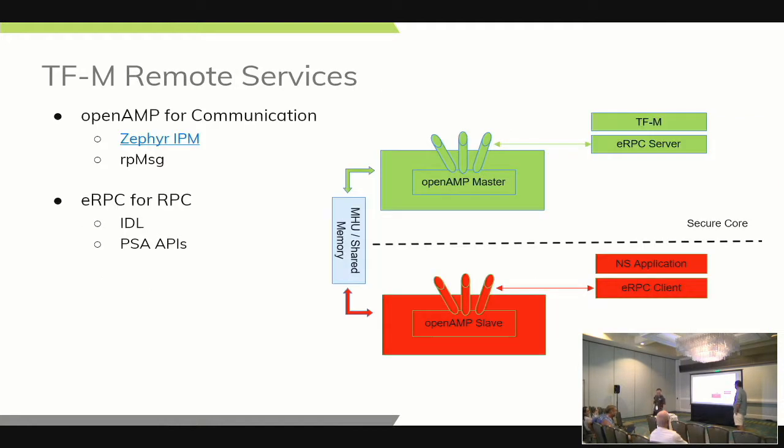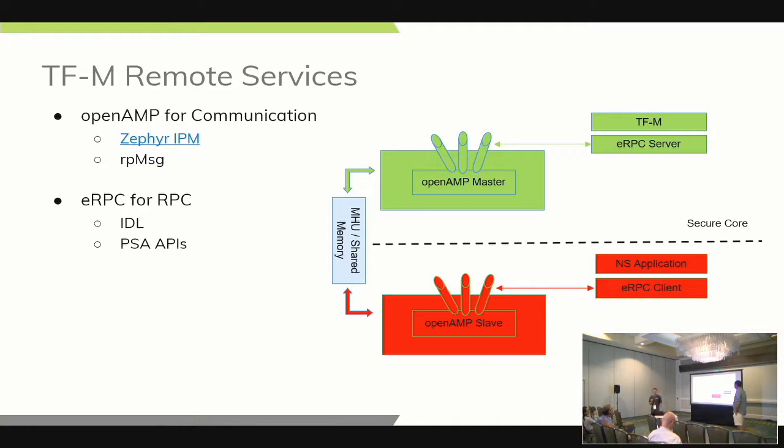Let's look at more details about the remote service. There are many toolchains to implement the RPC for requests. RPC means remote procedure call. The first part is communication between CPUs. We take RPMsg in OpenAMP to transfer data. The second part is to handle the remote procedure call.